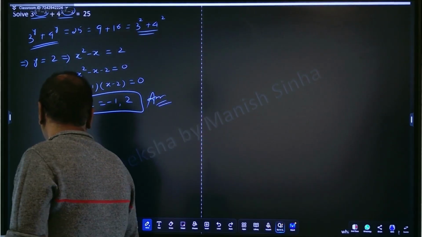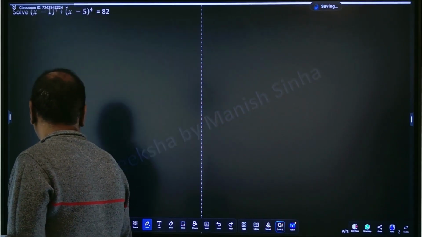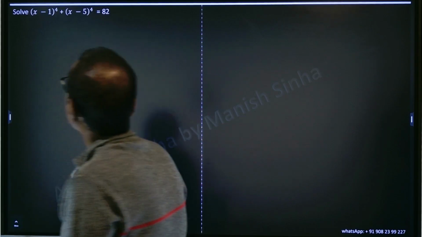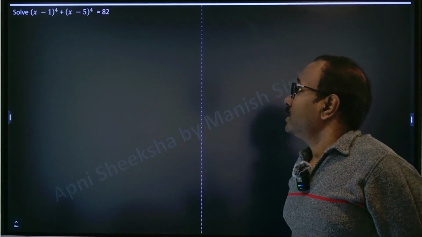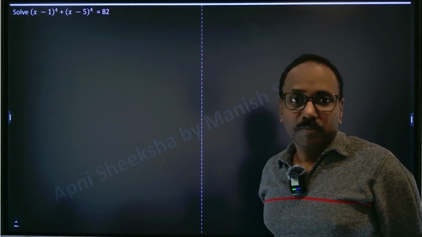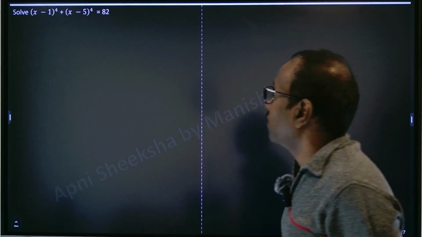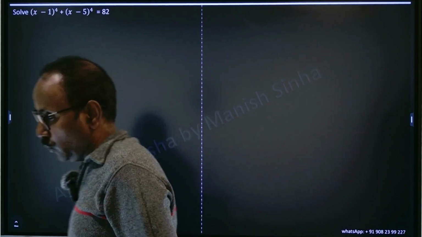So next one, x minus 1 to the power 4 plus x minus 5 to the power 4 is equal to 82.